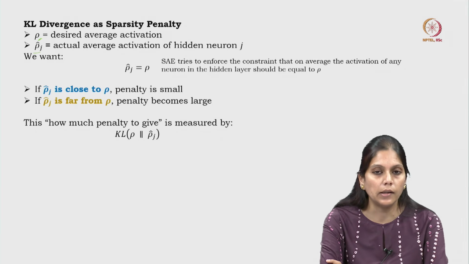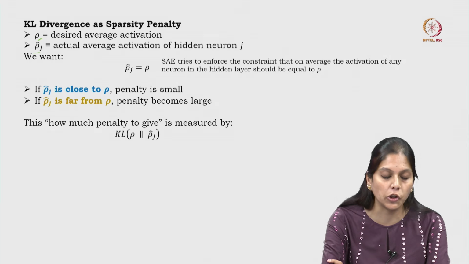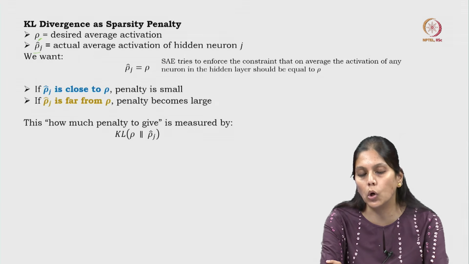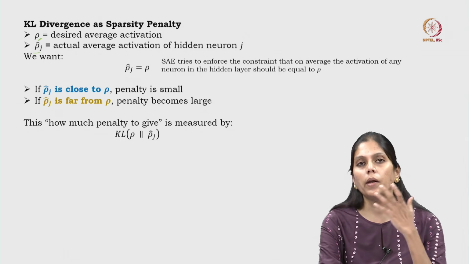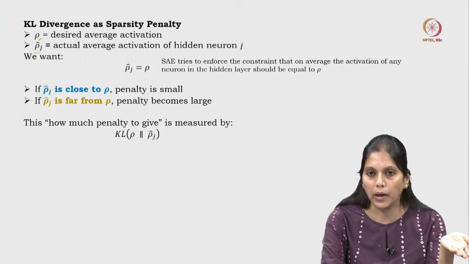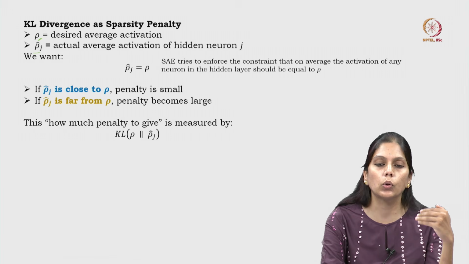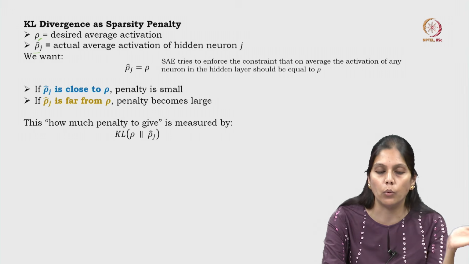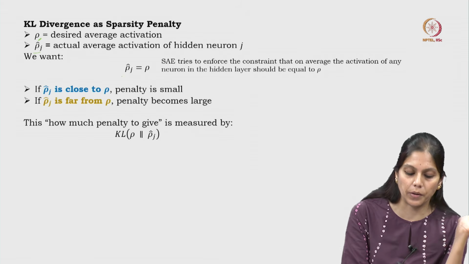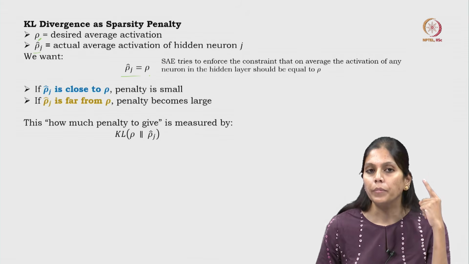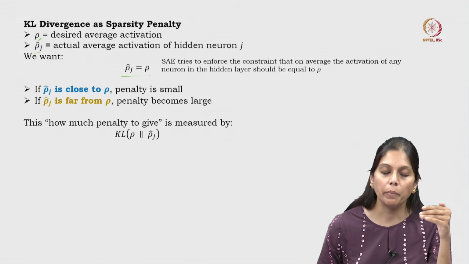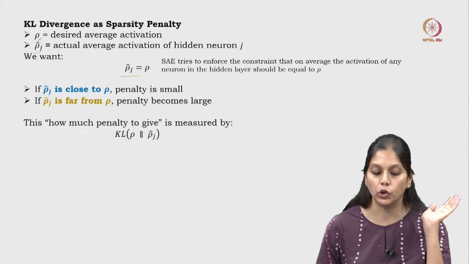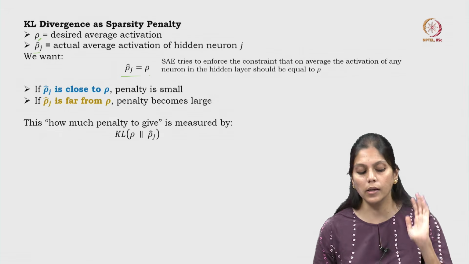So what is the sparse autoencoder requirement? The requirement is that whatever average I have obtained should be as close as possible to the desired one. This is the constraint.